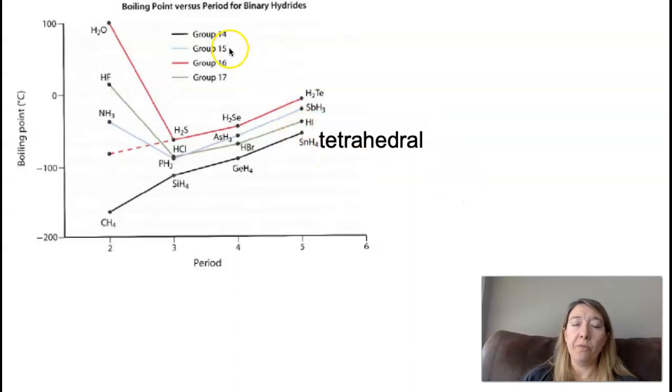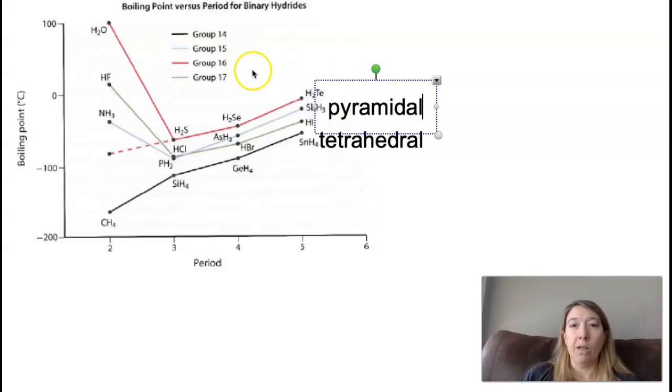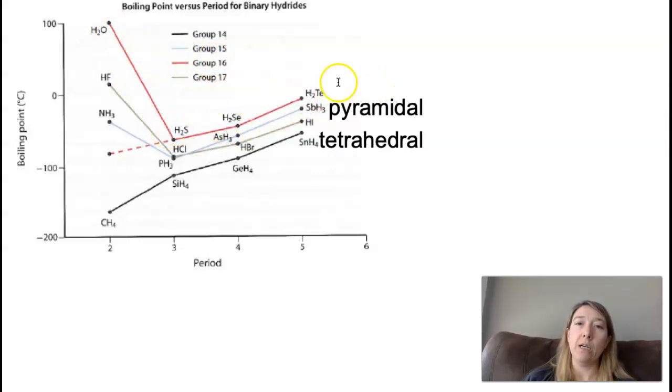Right? If I look at group 15, which is ammonia, PH3, AsH3, and SbH3, these all have a pyramidal shape. And then if I look at group 16, so water, H2S, H2Se, and H2Te, these all have a bent shape.